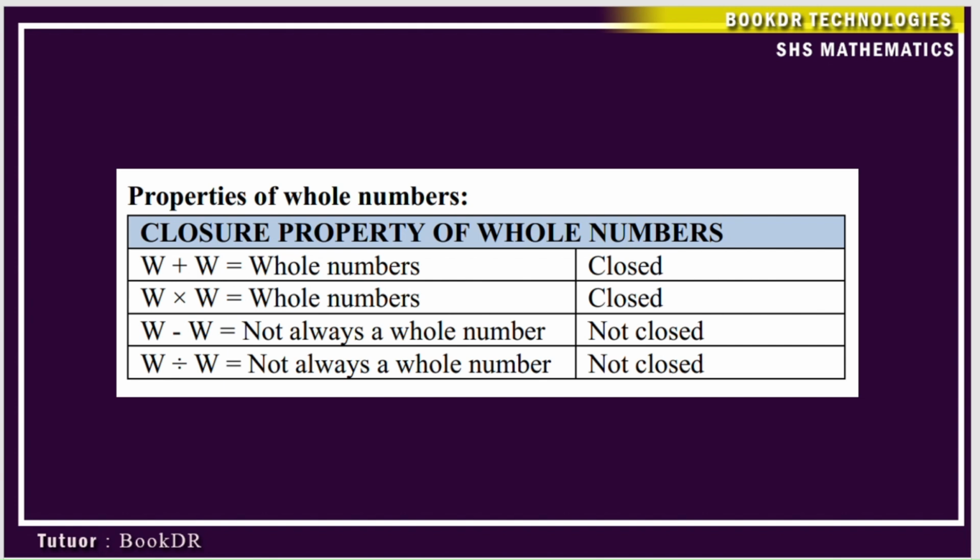So subtraction is not closed under whole numbers. Then a whole number divided by another whole number, the result is not always a whole number. So division too is not closed under the set of whole numbers.